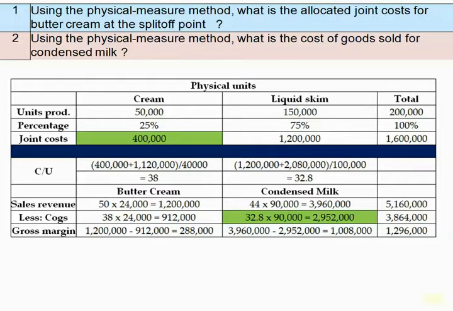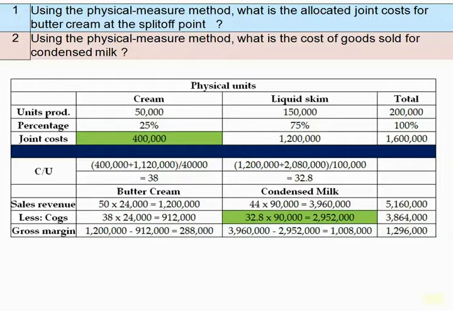5,160,000 less cost of goods sold: 38 multiplied by 24,000 equals 912,000. For condensed milk, 32.8 multiplied by 90,000 equals 2,952,000, and total cost of goods sold 3,864,000.